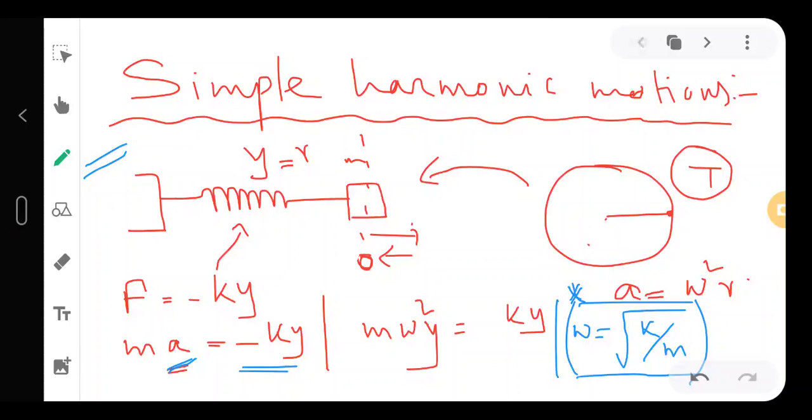So k is a very effective way to understand how much the restoring force is effective. Okay, so this is the relation between your omega and the restoring force that we have, which creates the oscillation.